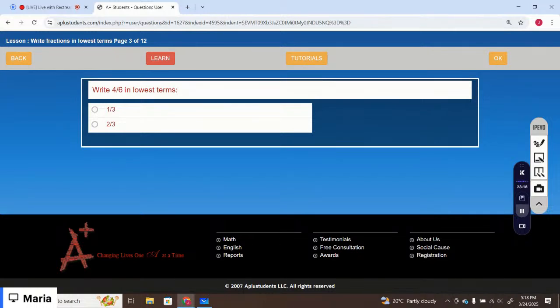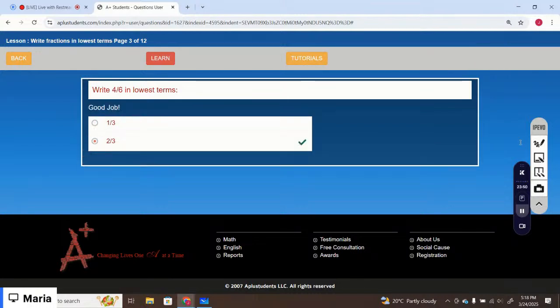Write 4 by 6 in lowest term, so which is the correct option? That is 2 by 3. Option number 2 is the correct option.